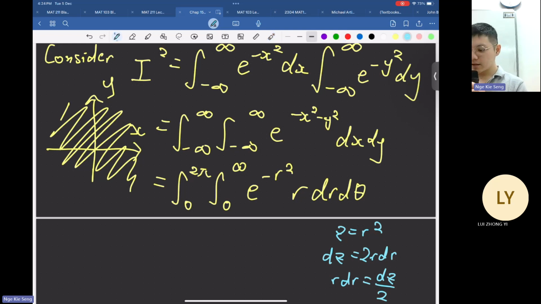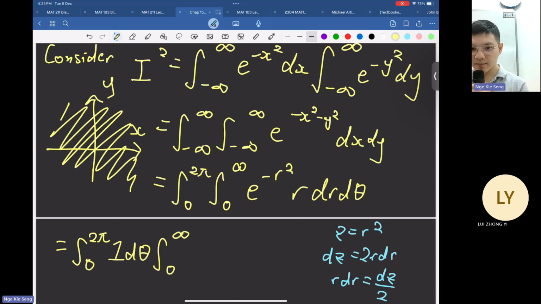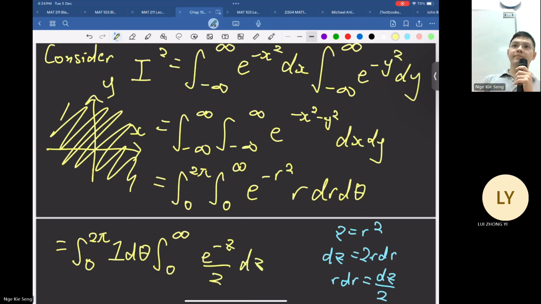So we keep the integration domain. And then we can take out my theta part first, because theta is a constant function. And then my r part becomes e to the minus z over 2. Does it make sense?